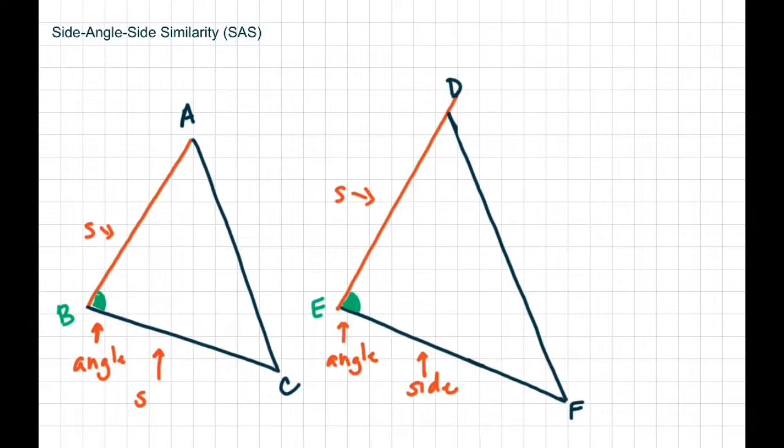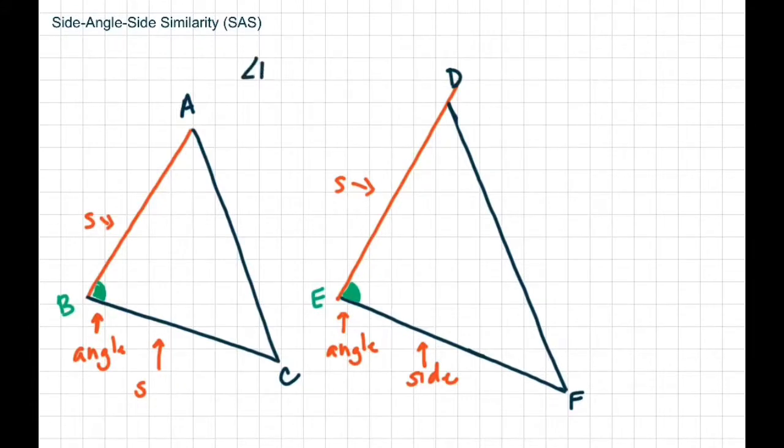I'd have to be able to prove, we already know angle B is congruent to angle E. So let's say maybe this is 10 and this is 20. This is 20 and this is 40.